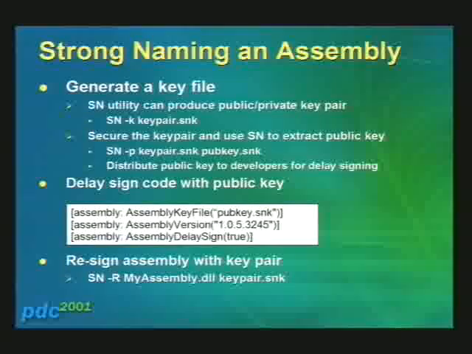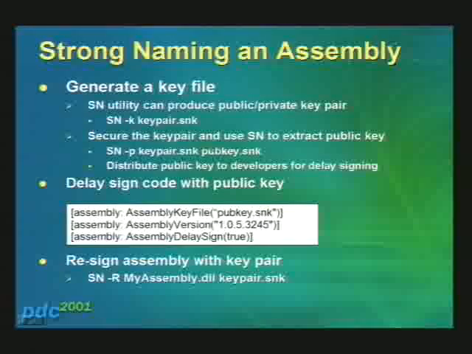You can use SN -k, like I'm showing here, to generate a key pair and output it to a file. In this particular case, I'm outputting it to keypair.snk. SNK is the customary extension for a key file like that. If I do SN -k, it'll generate a key file that contains the public and the private key.